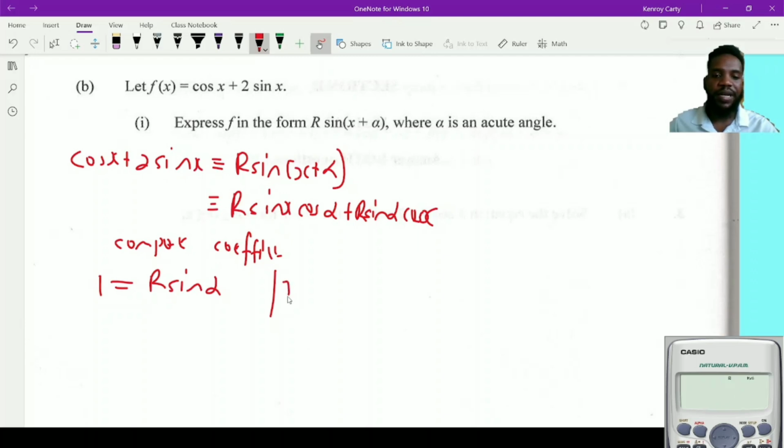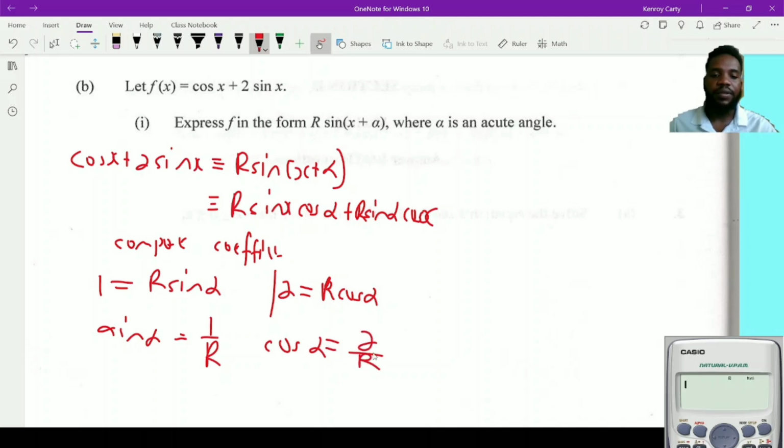On the left, you have 2 multiplying sin x, that's the coefficient of sin x, but on the right, even though you have the sin x in the middle, you have r and cos alpha multiplying it. So you're going to have r cos alpha. So you can say that sin alpha is equal to 1 over r, and we can say that cos alpha is equal to 2 over r.